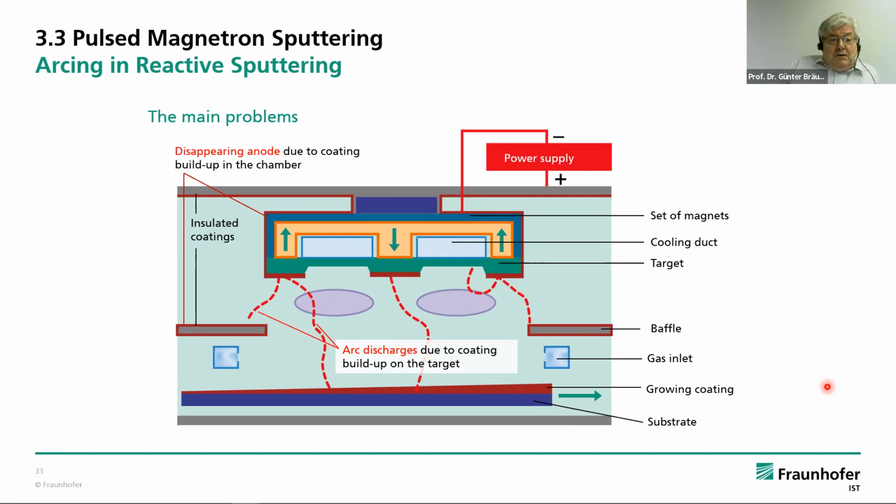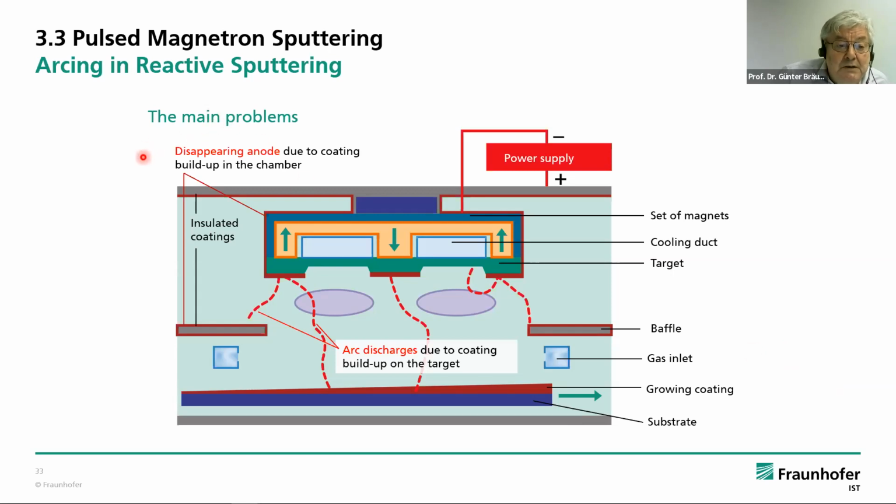Why was it not possible? There were two main problems. If you try to deposit within a DC process an insulating material, after 1 or 2 hours, you will generate arcing. Why? You need for a DC process a conductive target.